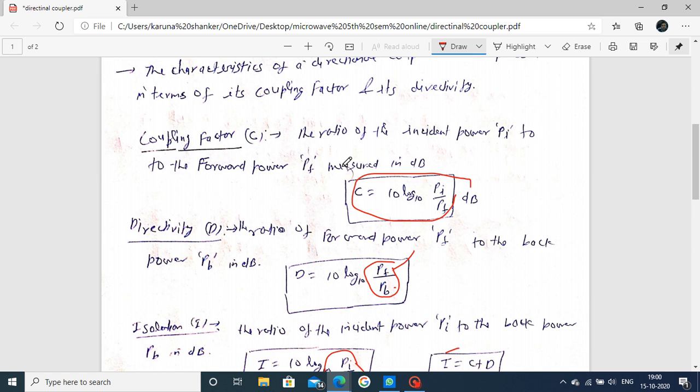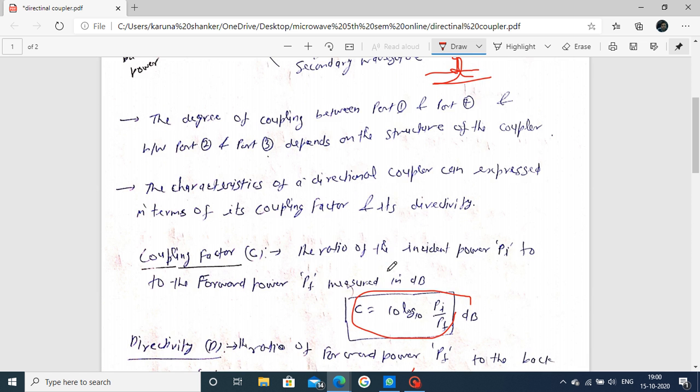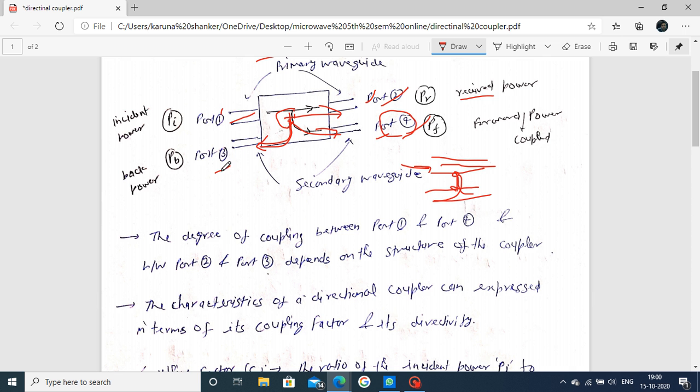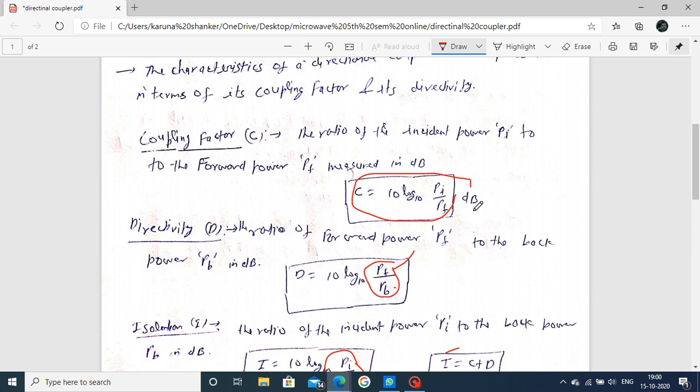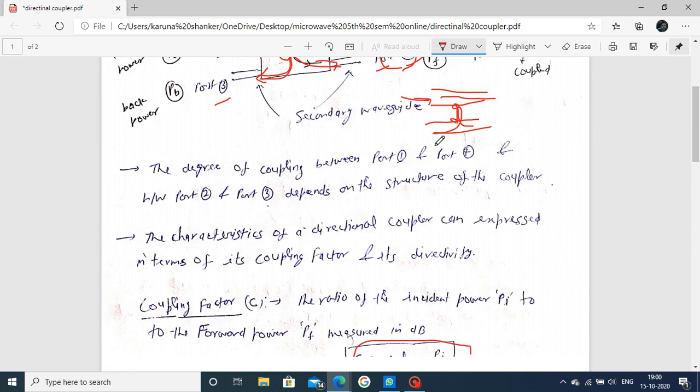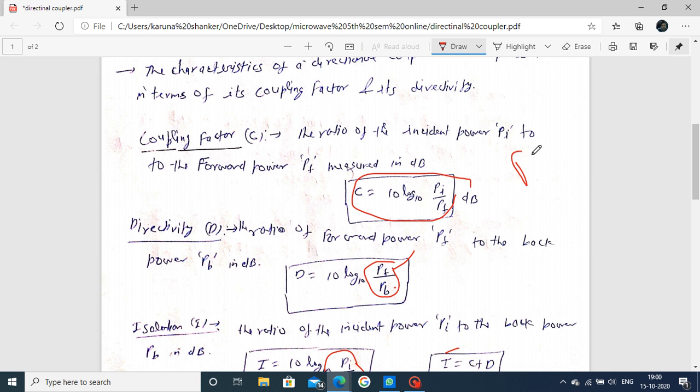This coupling factor is also represented by port numbers. Pi is port number 1 and Pf is port number 4, so we represent the ratio as P1 by P4. It gives you the coupling factor. The other symbols used are Pi by Pf.